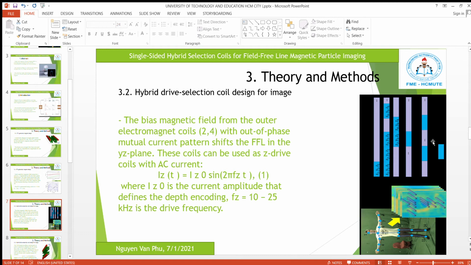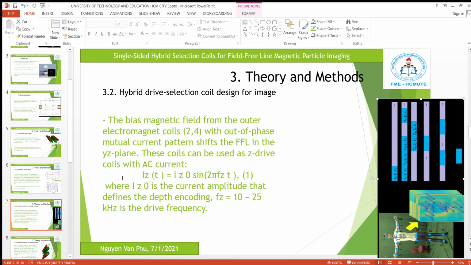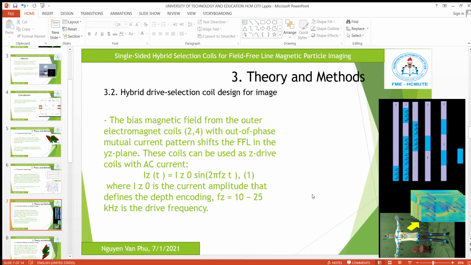These coils can be used as Z driver coils, with Iz(t) equal to Iz0 sin(2π Fz t), where Iz0 is the current amplitude that defines the depth encoding, and Fz equal 10 to 25 kHz is the driver frequency.